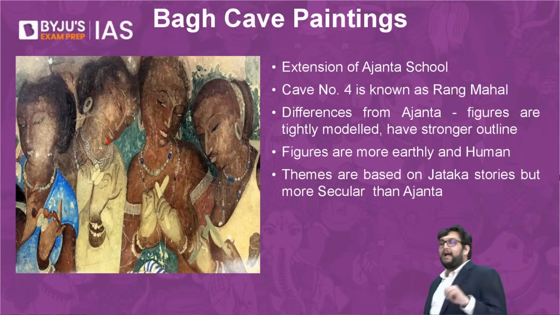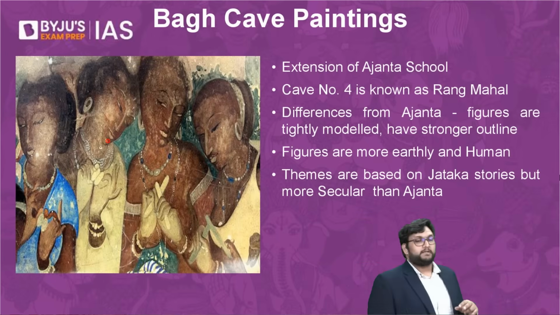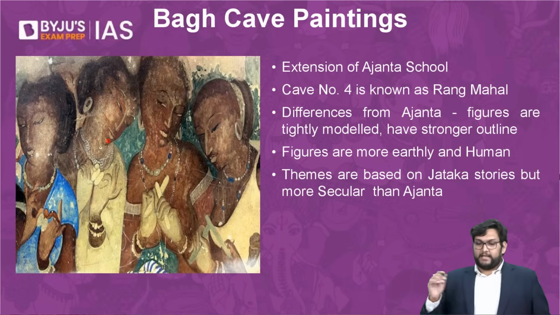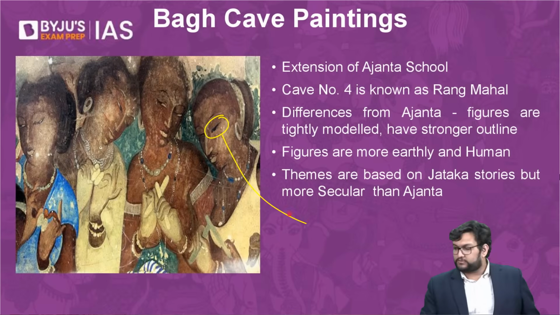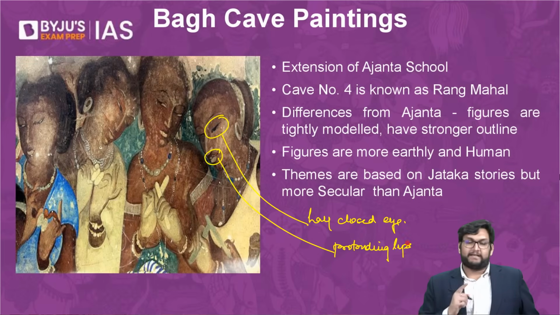If I go to Bagh caves, which is again seen as an extension of the Ajanta caves, we see one major differentiation. In Bagh, we again see half closed eyes, meditative eyes. We see the protruding lips or pouting lips, but again use of dark colors.